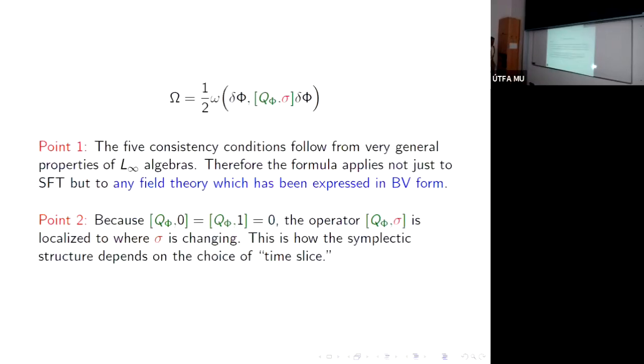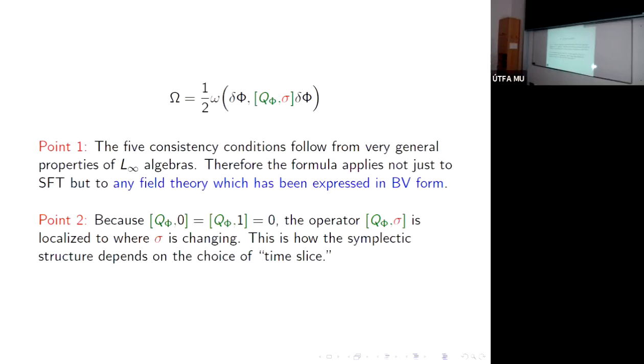The first point we want to make is that these consistency conditions follow from very general properties of L-infinity algebras. Therefore this formula is not just a formula that applies to string field theory, but to any field theory which has been expressed in this DG language.